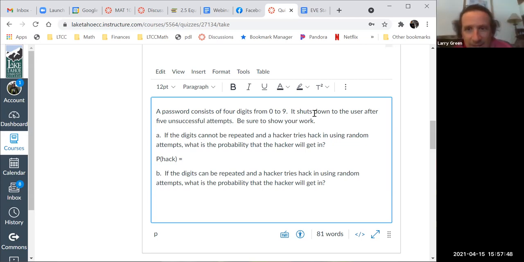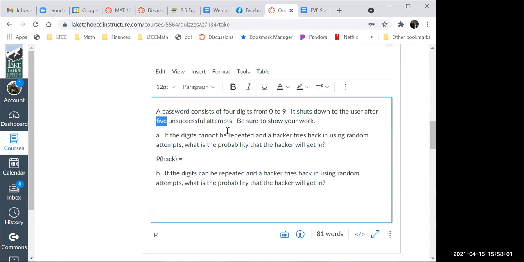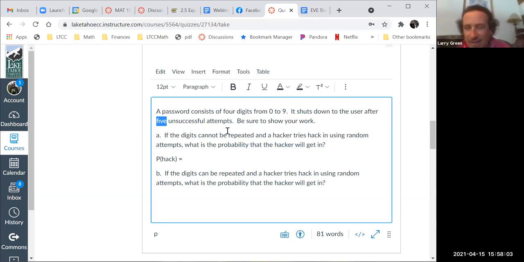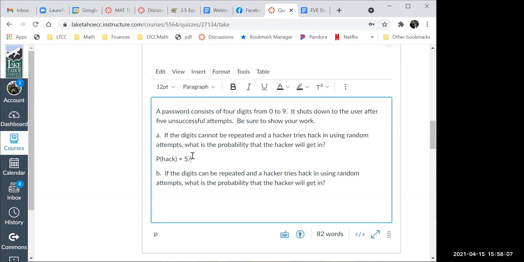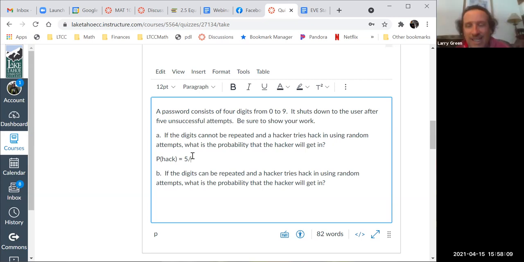One, except how many times does the hacker try? 5. Do you see? The hacker's going to try 5 different combinations and hope to get in. Does that make sense? So the numerator is 5. That was supposed to be easy, but again, you have to read the question.